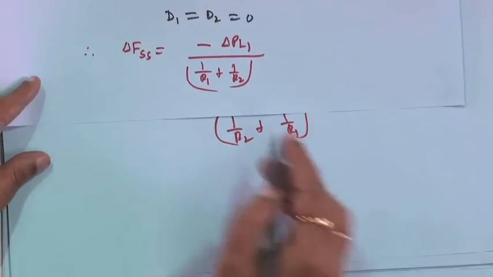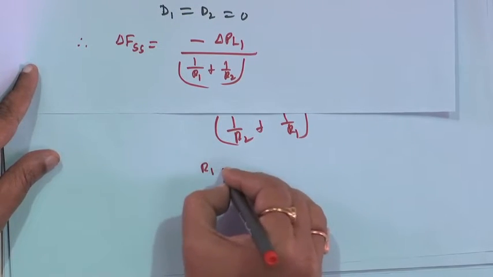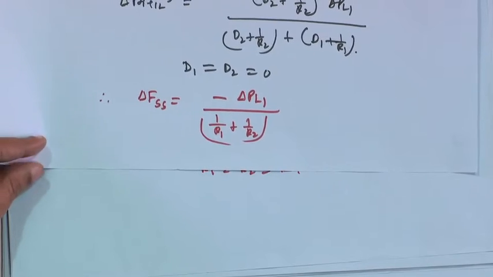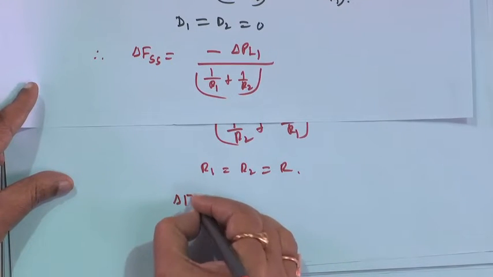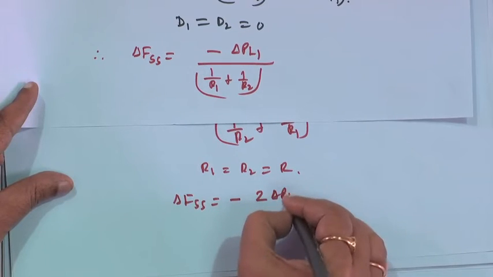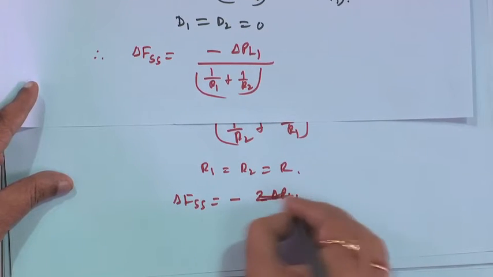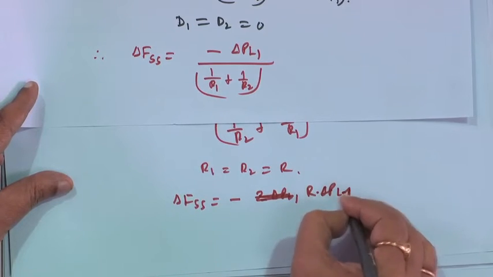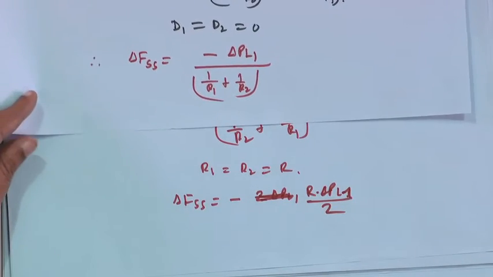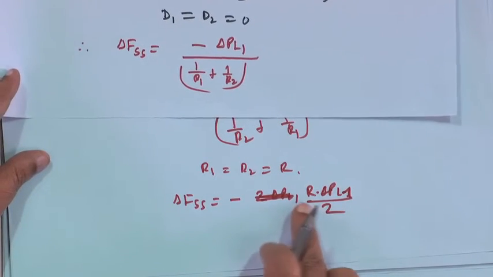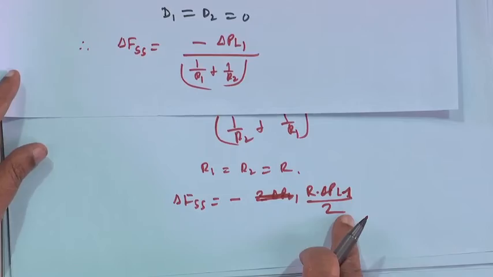So, if you take R1 is equal to R2 is equal to R, the same value, then delta F SS will become minus 2 delta PL1 divided by... sorry, minus R into delta PL1 divided by 2. So it will be minus R into delta PL1 upon 2.